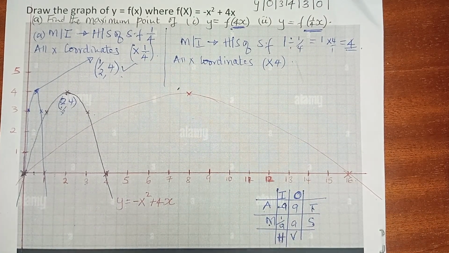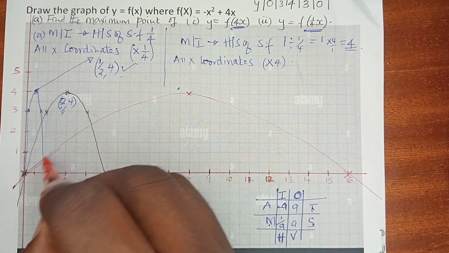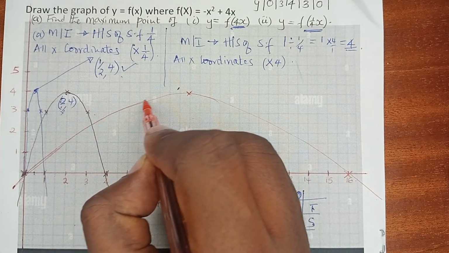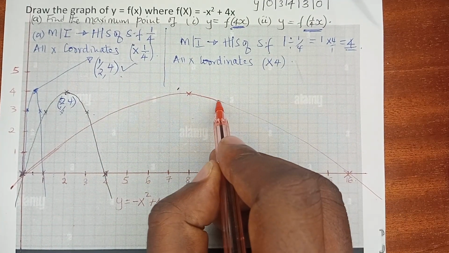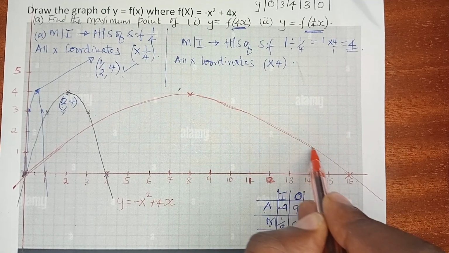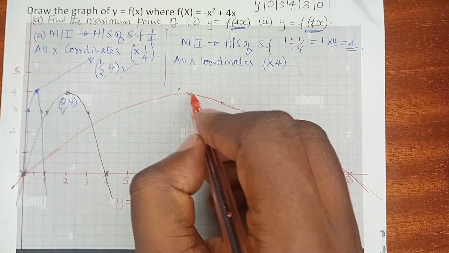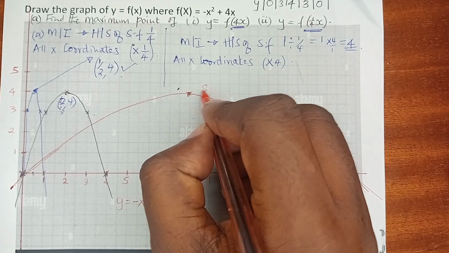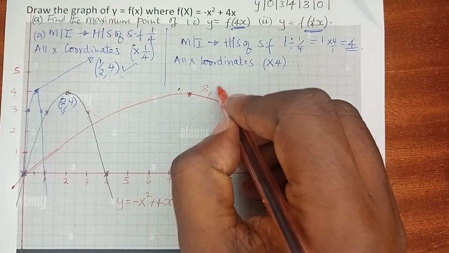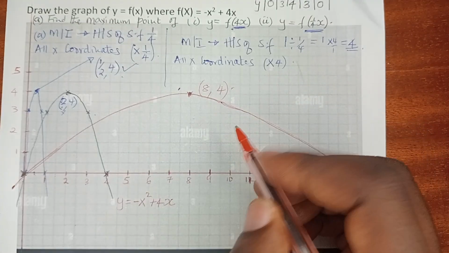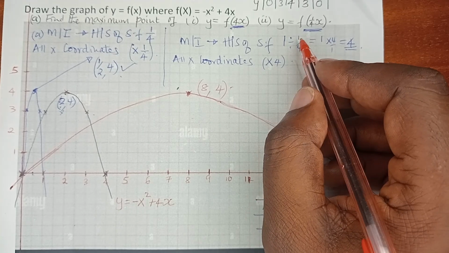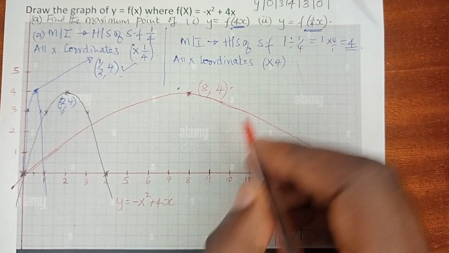So our new graph, f(x) equals a quarter x, has this point (8, 4), which is the maximum point of this graph.